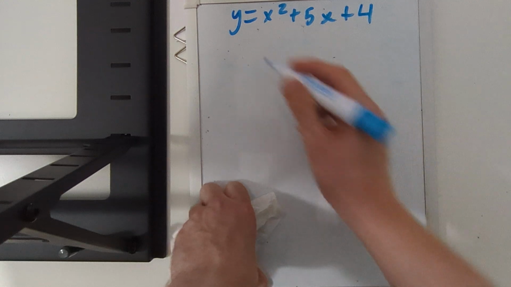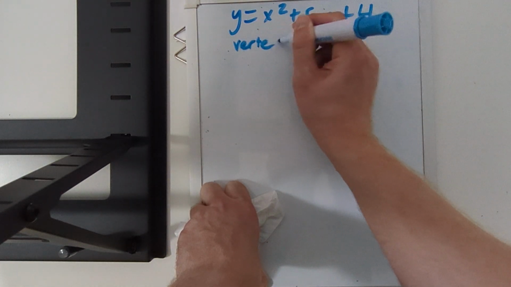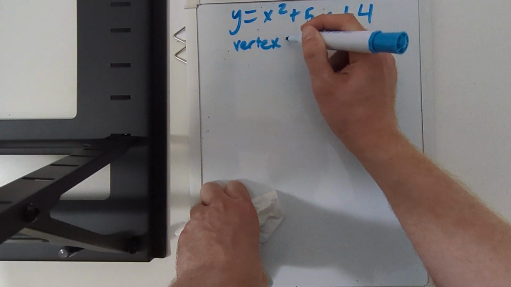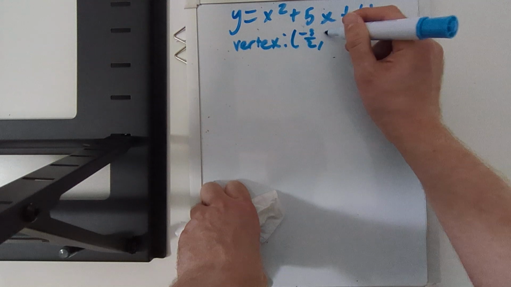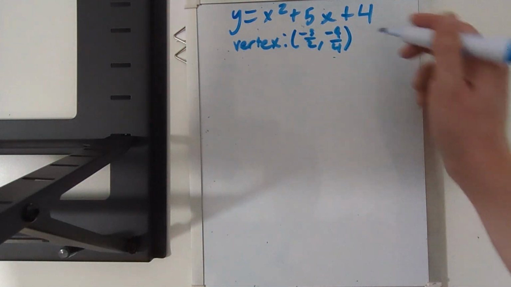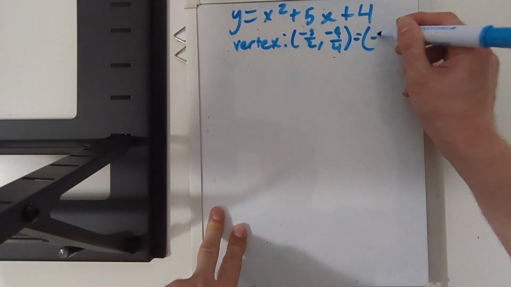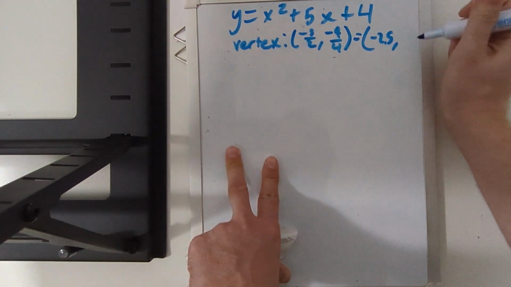I'll write down the key features that we've talked about so far in this video. I have a vertex at negative 5 halves, negative 9 fourths, which if I get the decimals, I'm trying to do this in my head, negative 2.5 and negative 2.25.